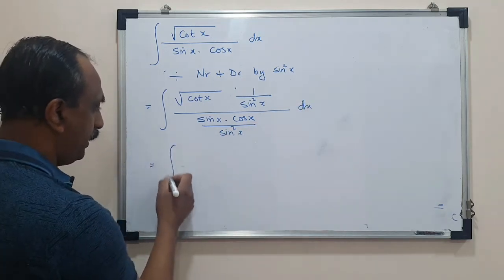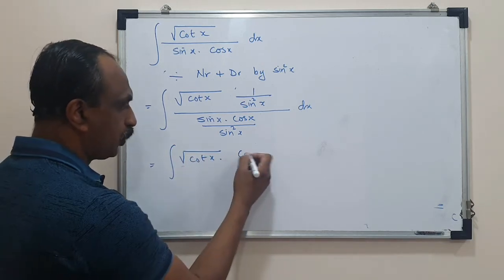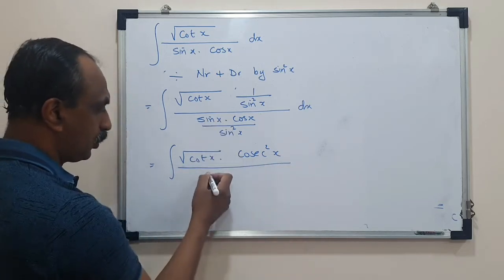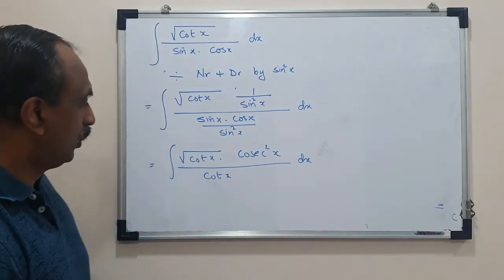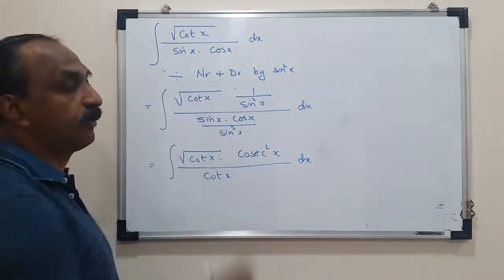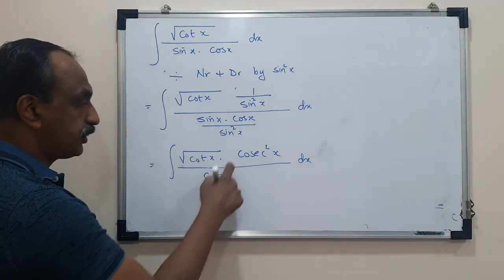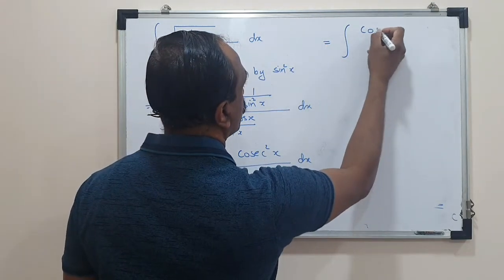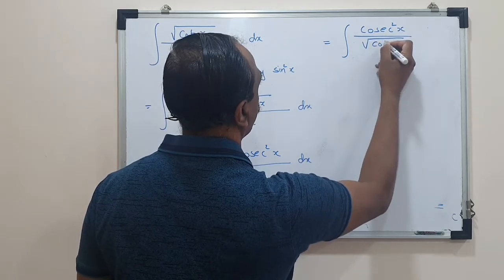So this became integral root of cot x into cosec square x divided by cot x. If this would not have turned to cot x, then this method would have failed. Derivative has come, both are in cot, so you can simplify this. So I can write this as cosec square x divided by root cot x.